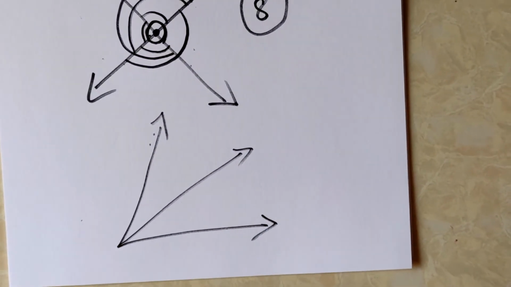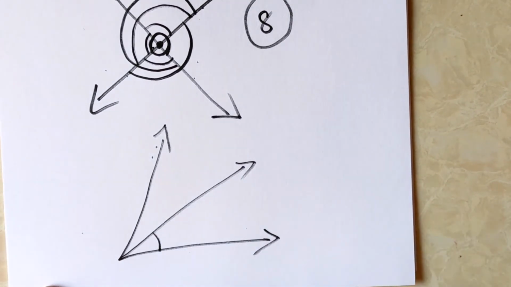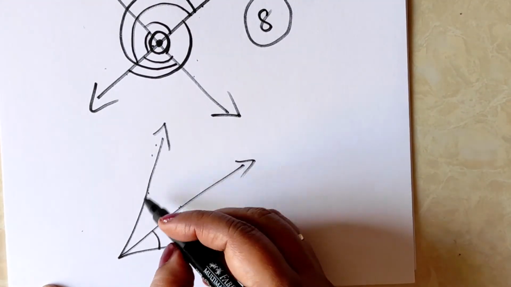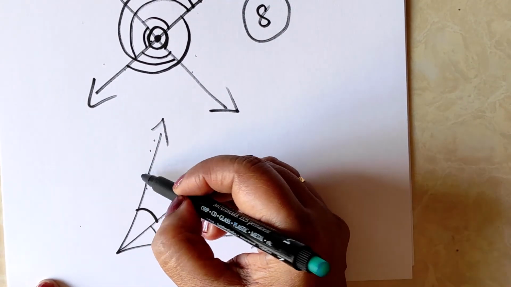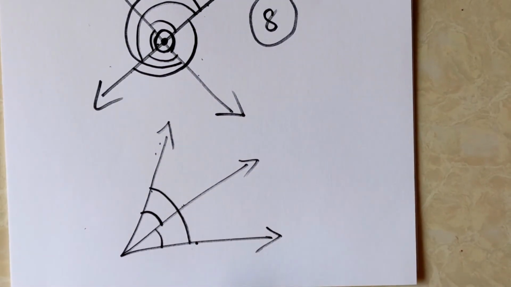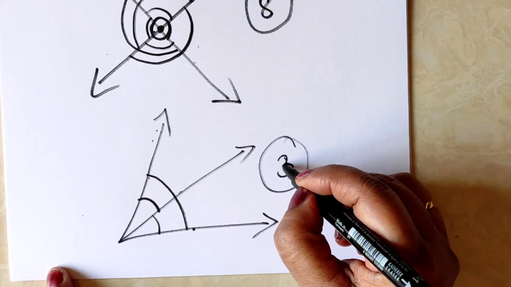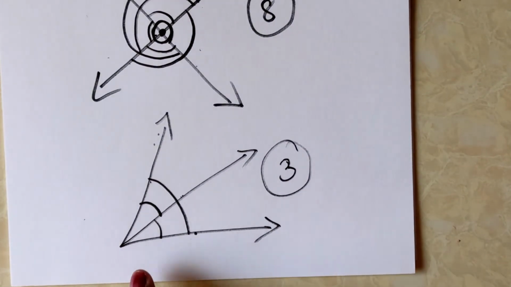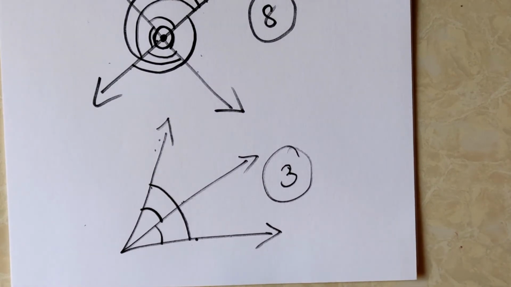How many angles can be formed? Between these two arms, one angle is formed. Between these two arms, another angle is formed. Now from this arm to that arm, connecting these two, I'll get one more angle. So therefore, there are totally 3 angles. From this picture, we can form 3 angles only. So hope this is clear for you.